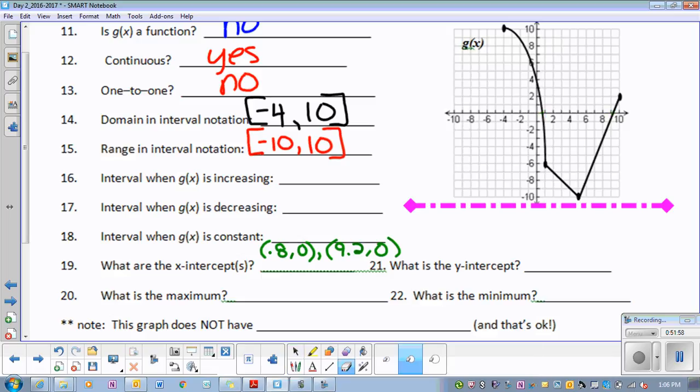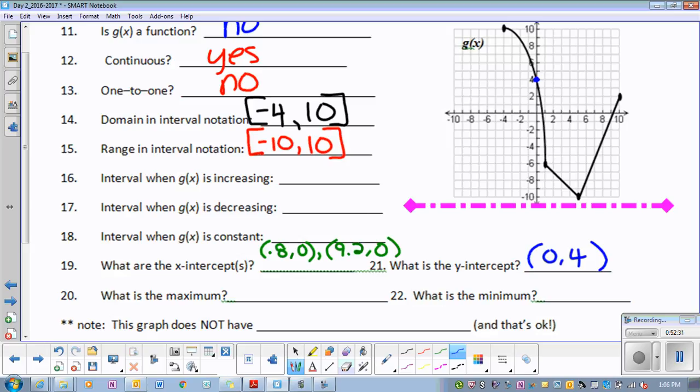Okay, so what is the y-intercept? Where does this graph cross through or touch the y-axis? 4. Good, so how do we write that? Ordered pair, 0, comma 4. What is the maximum? Is there a top of the hill?